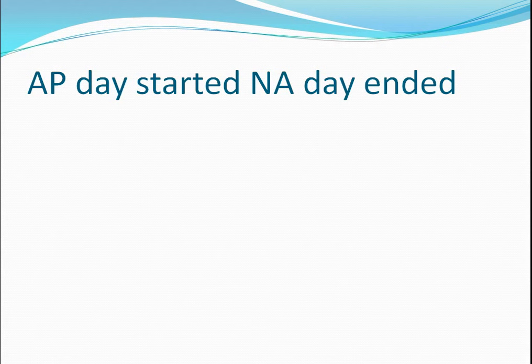That means it's morning in India, China, all those countries, and the North America day has ended. That means in the United States, Mexico, Canada, all these countries, it's night. So not many people are working on the data of the North America region, while the majority of the business analysts from the Asia Pacific region are up and working.